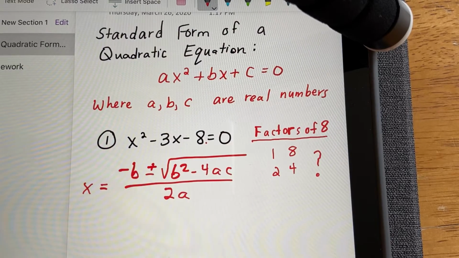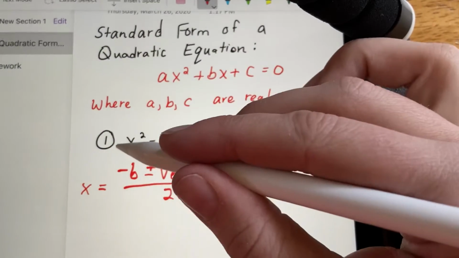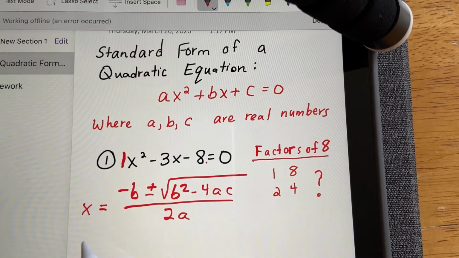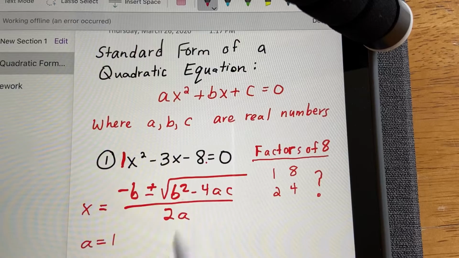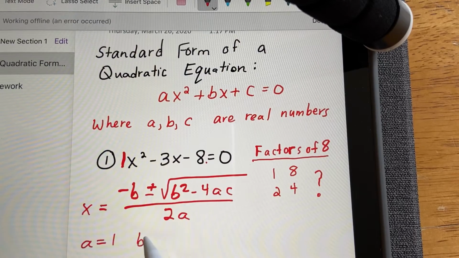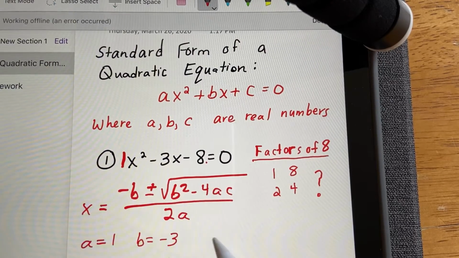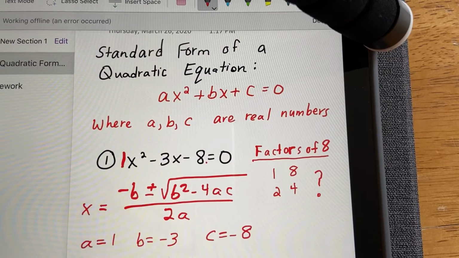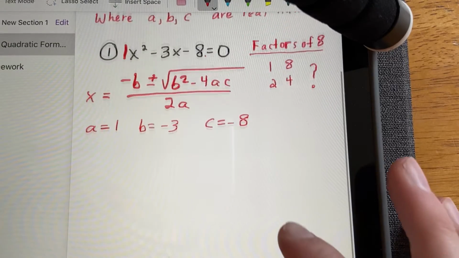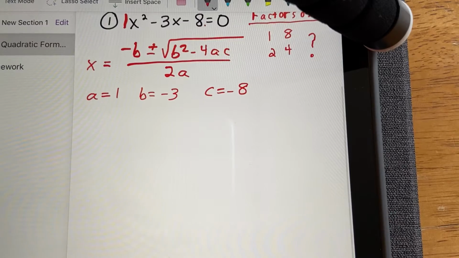For our equation, x squared just means there's a 1 there, so a is 1. B would be the next number, negative 3, include that negative sign, and c would be that last number, negative 8. Now that I have that written out, let's plug it into our formula.